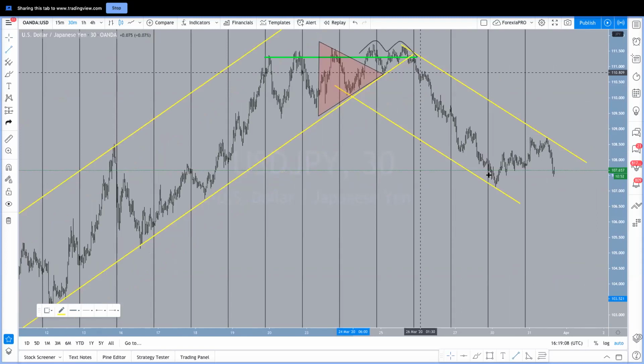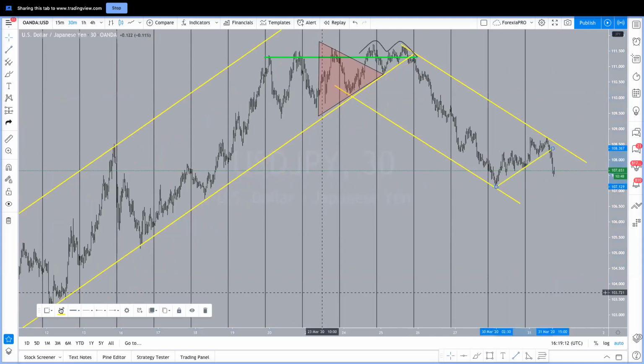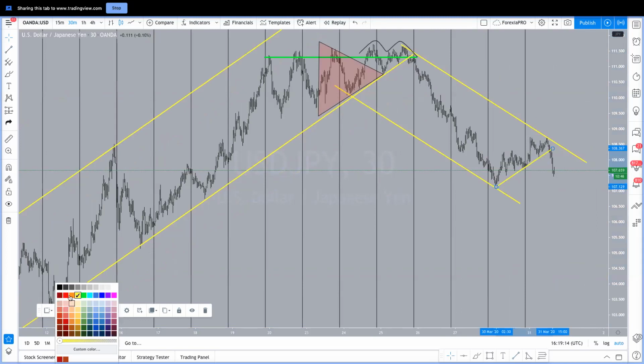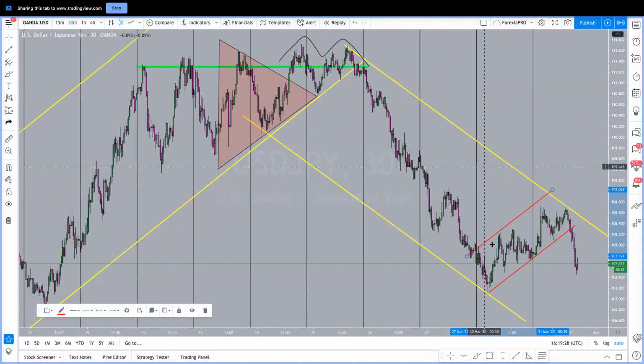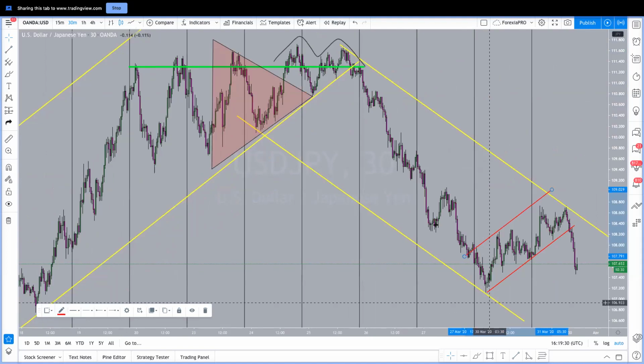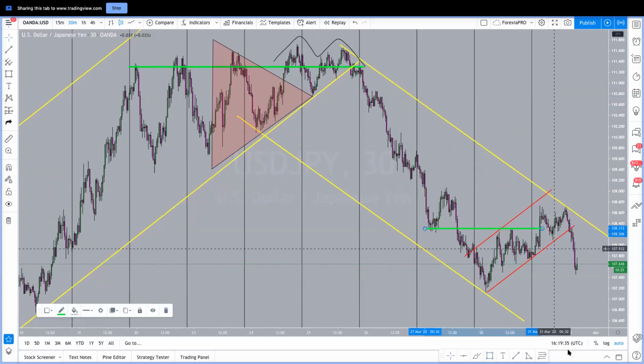Now, it made the first move, and now came to the induction phase from yesterday, basically. Make it smaller. Okay. So Monday, price started coming back up, trapping a bunch of sellers down here.